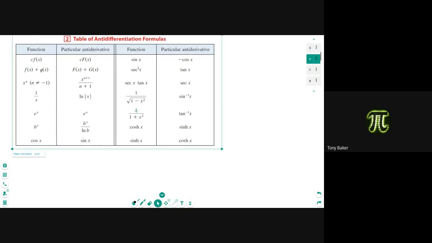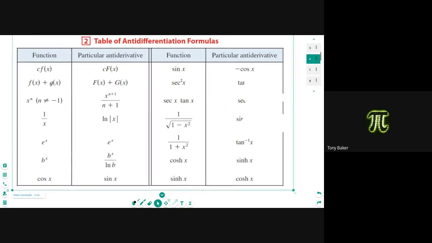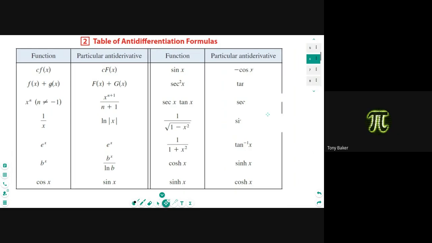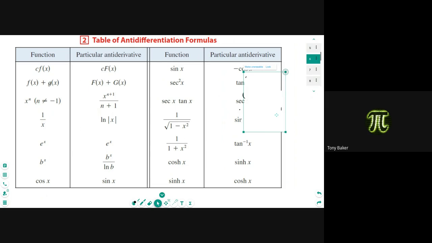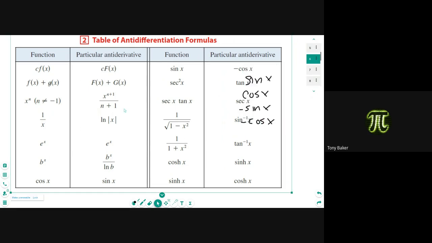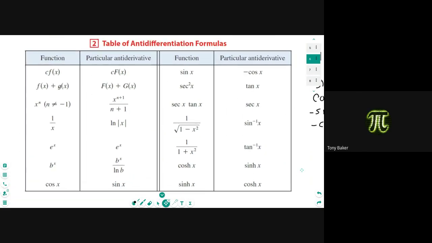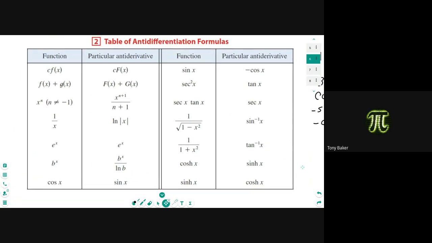Here is this wonderful table. This is very similar to what our derivative tables were.